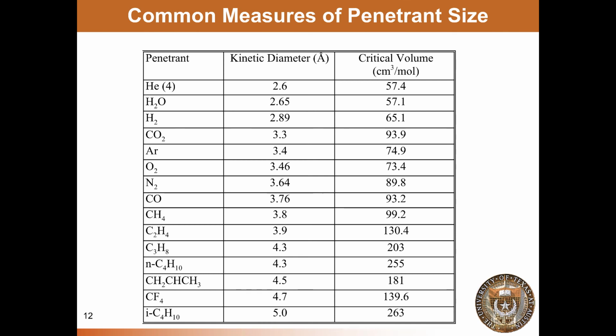And here on slide 12, I just provide for you a list of kinetic diameters that are reported for a variety of molecules. One problem with kinetic diameter is that it's only reported for a handful of penetrants that might be of interest. I've often found, at least qualitatively, that the critical volume of a penetrant, that is its volume at its critical point, is often also a good scaling factor for diffusion.